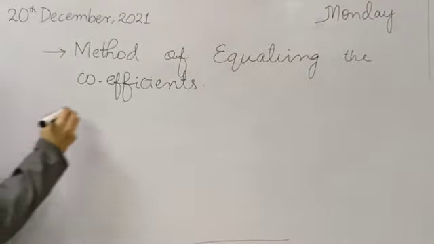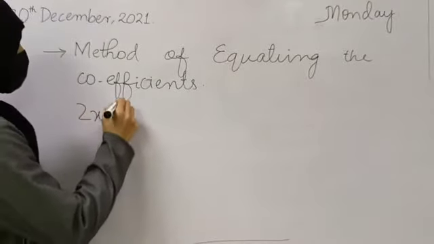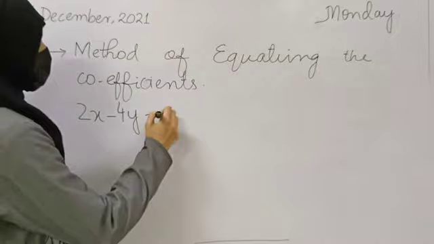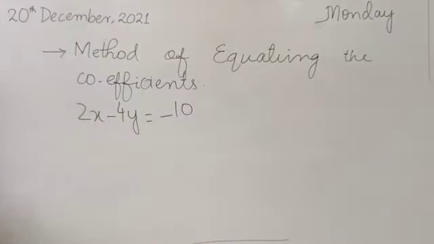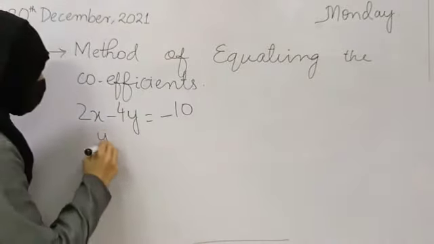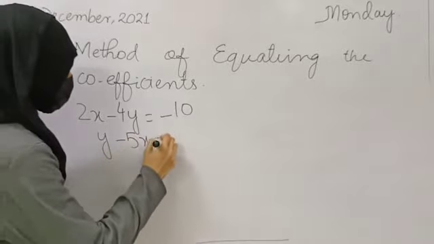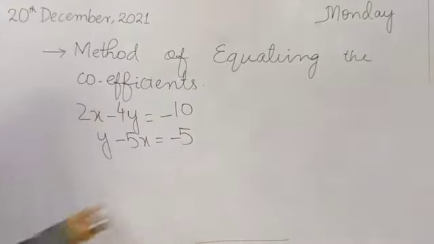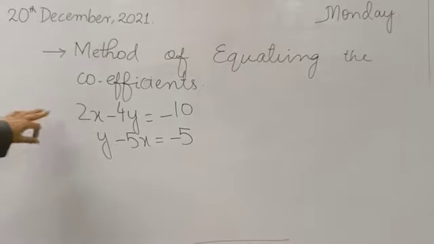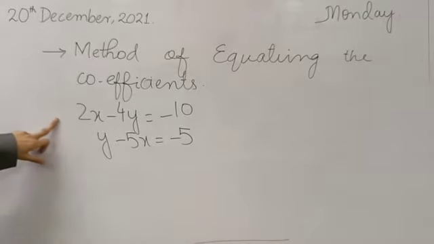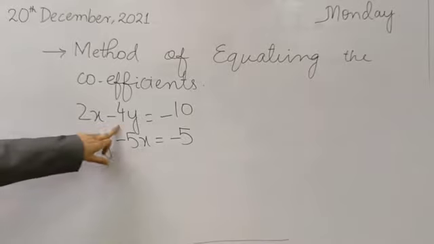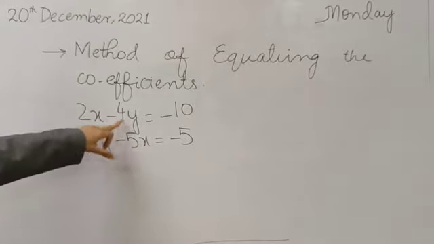Okay? I am writing here two equations. 2x minus 4y is equal to minus 10 and y minus 5x is equal to minus 5. What is the coefficient of x in this equation? 2, and coefficient of y is minus 4.